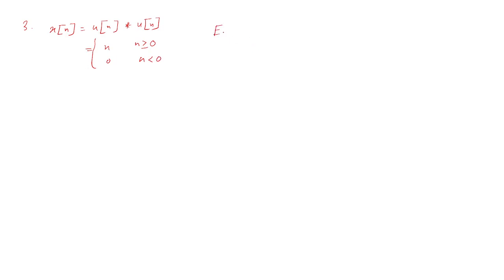Therefore, the energy of this function comes out to be limit N tends to infinity, summation over small n running from minus N to capital N, xn whole square, which is limit N tends to infinity, small n running from 1 up to capital N, n square.